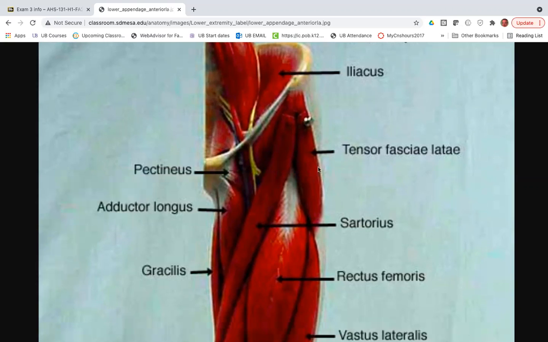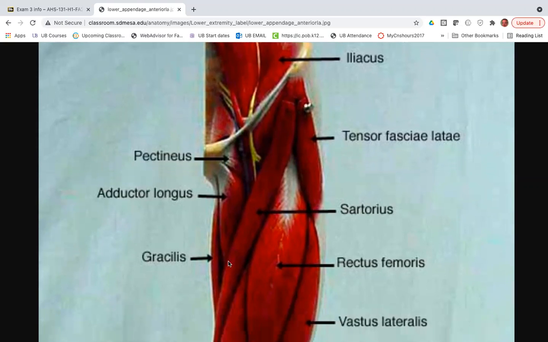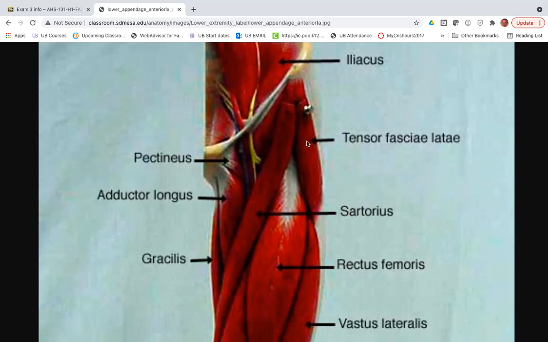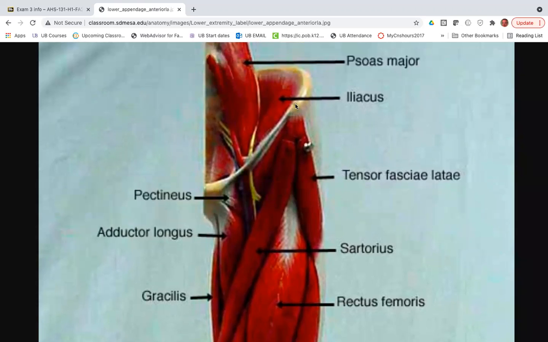One of them is the tensor fasciae latae, and the other is the Sartorius. So both Sartorius and the tensor fasciae latae have a common origin, which is on the anterior superior iliac spine, ASIS.